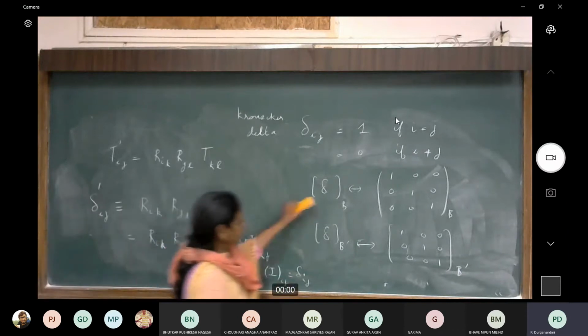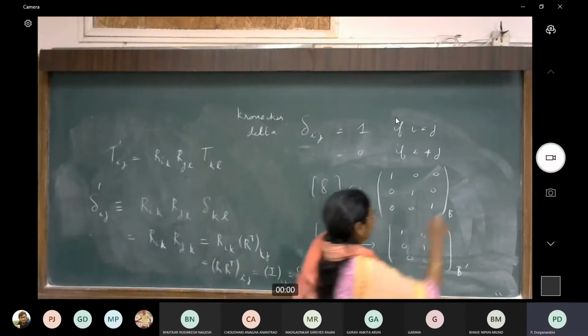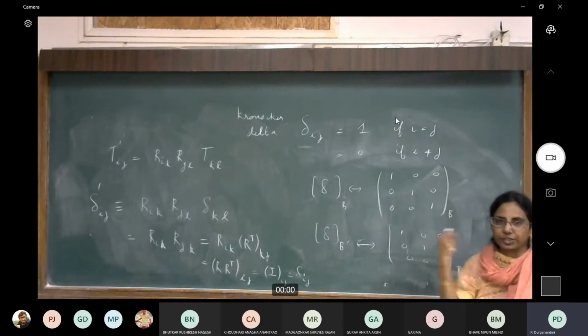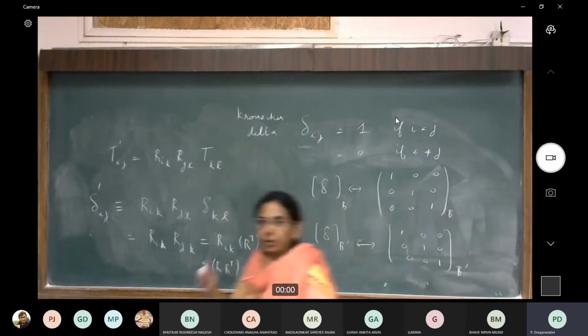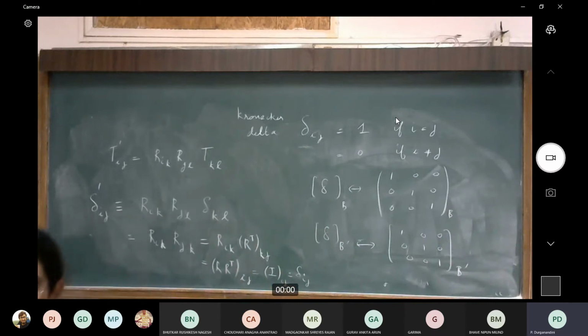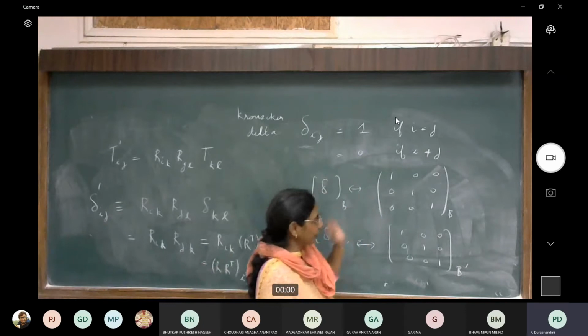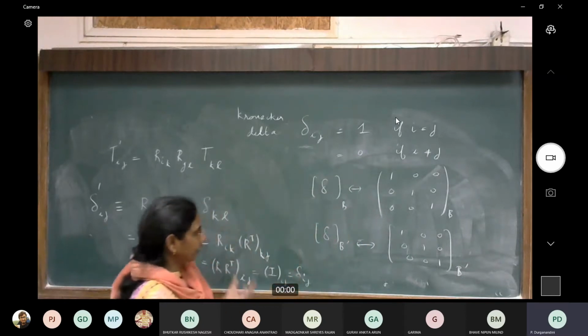So where you have a tensor like this, which is independent of the coordinate system, or in other words, it's not depending on how you're orienting, because we are talking about rotation transformations, it doesn't depend upon how I'm orienting my coordinate axis. It doesn't matter, because these values are independent of that. So therefore we call it an invariant tensor or an isotropic tensor.